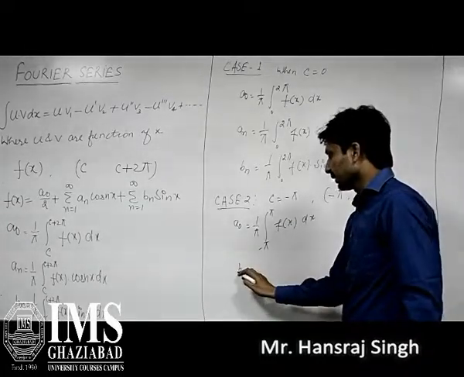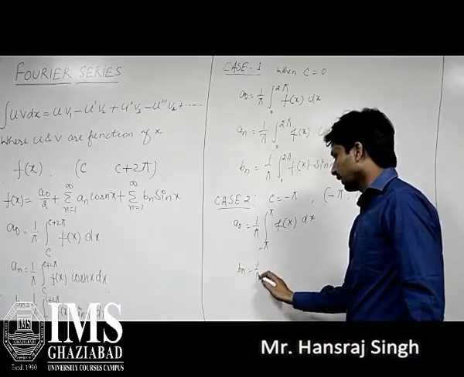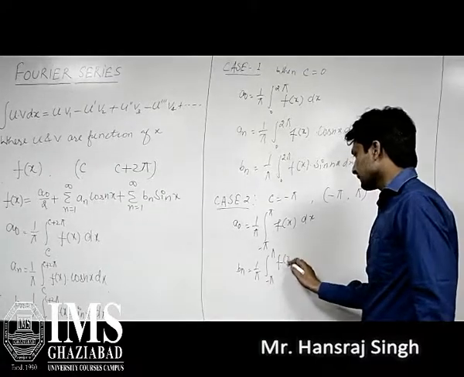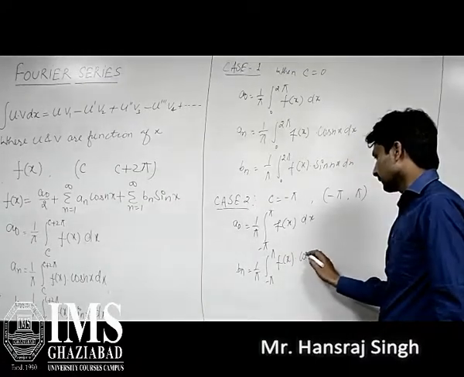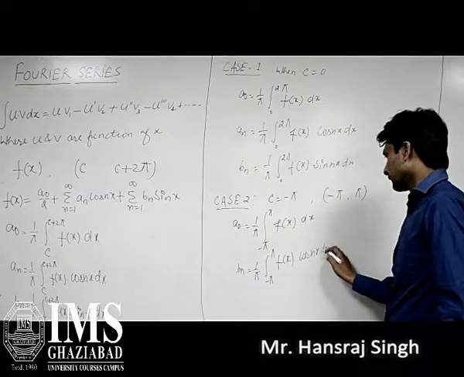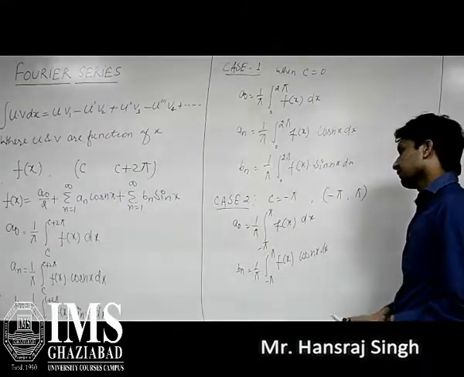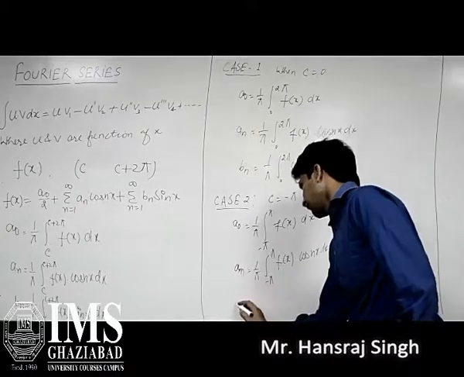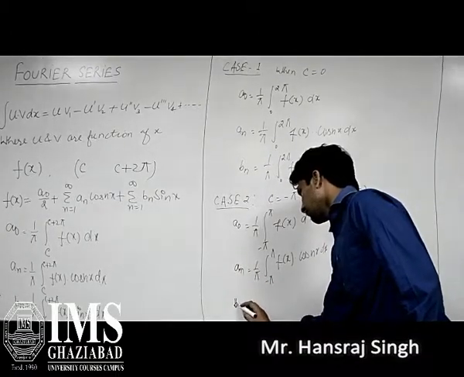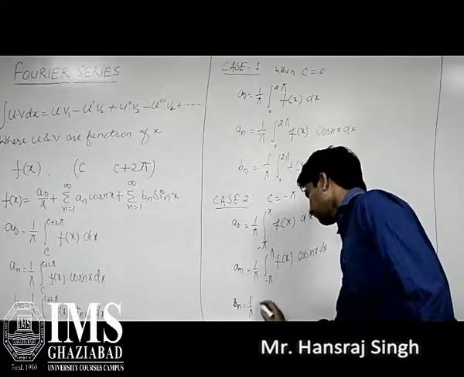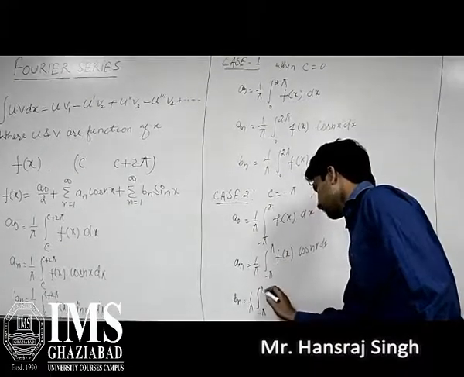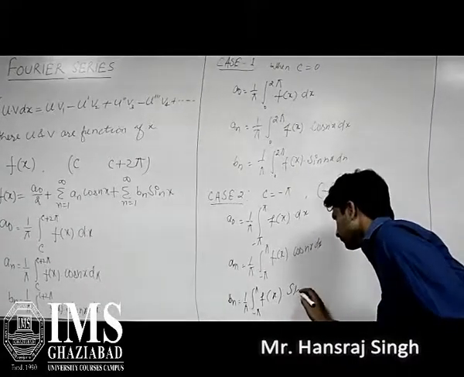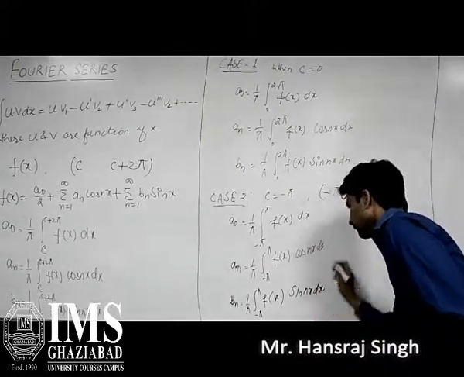And a n is equals to 1 upon pi, minus pi to plus pi, f(x) into cos nx dx, students. And then b n is equals to 1 upon pi, minus pi to plus pi, f(x) into sin nx dx.